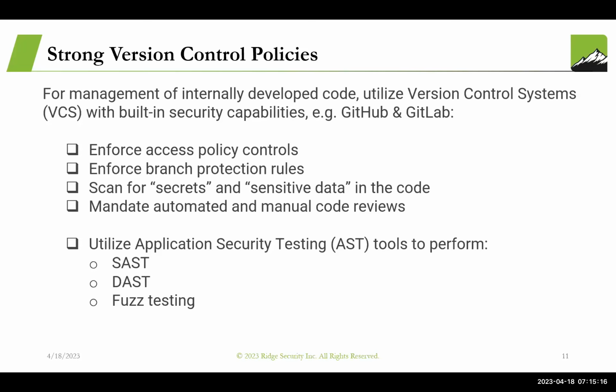Next is to perform DAST. DAST is dynamic application security testing, and also fuzz testing. It's best to perform DAST and fuzz testing on an ongoing basis as opposed to on an ad hoc basis. That means it's best to integrate the DAST tool and fuzz testing tool into the build process.